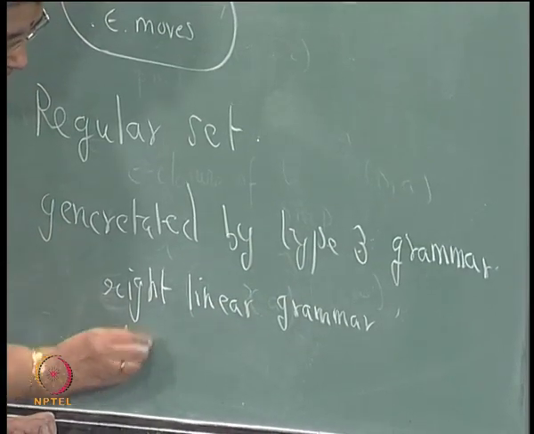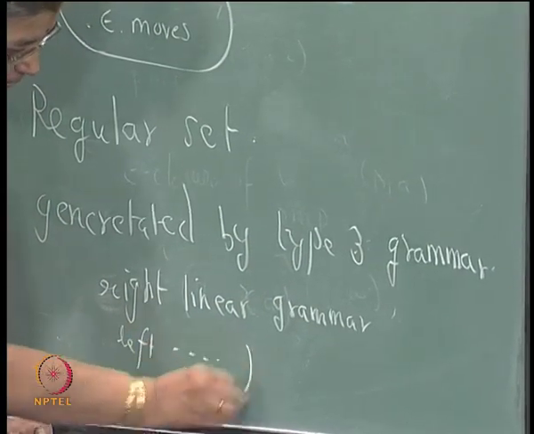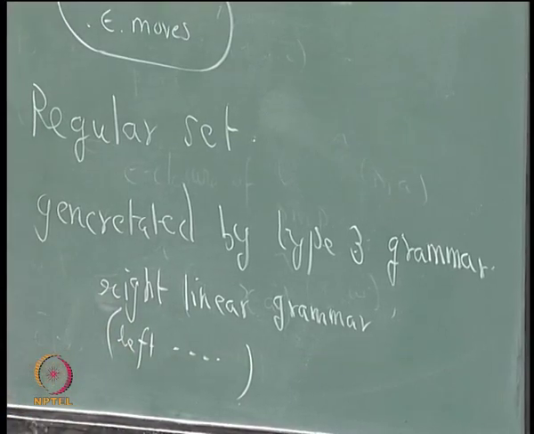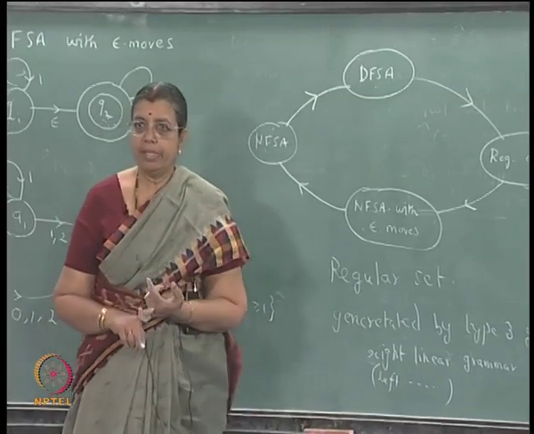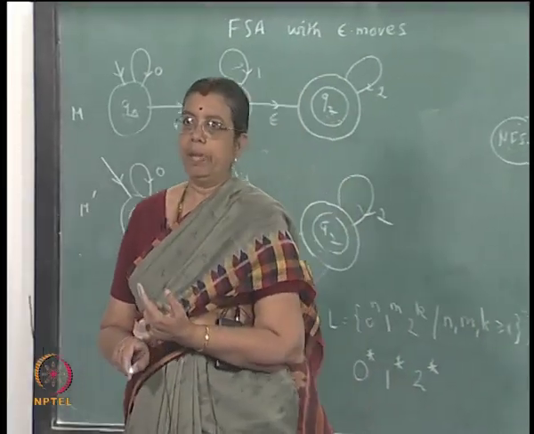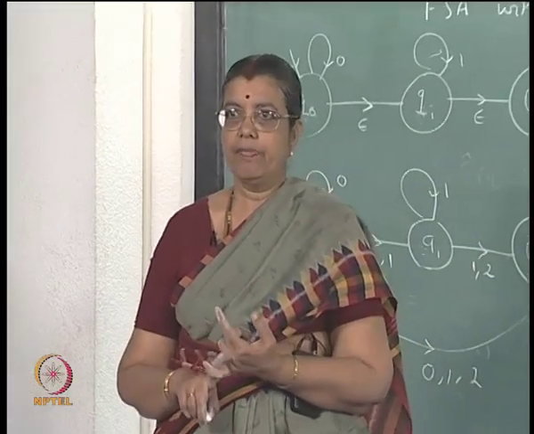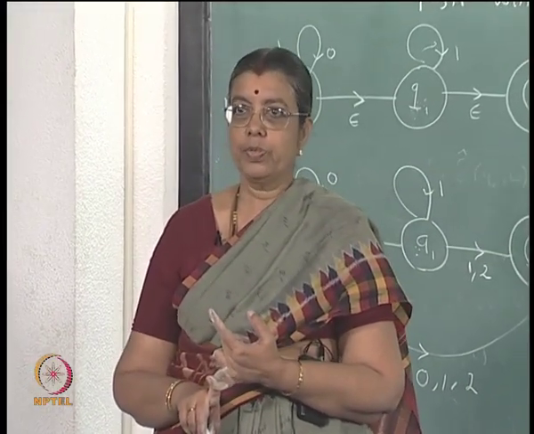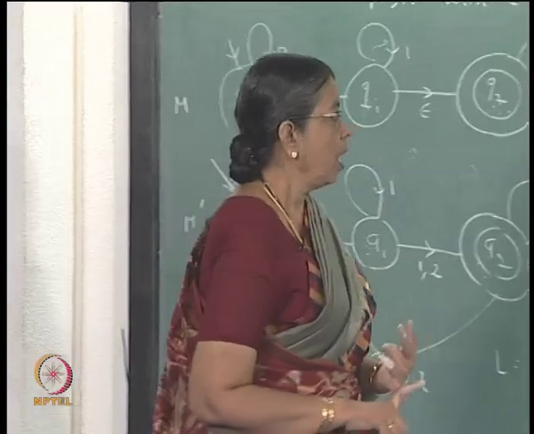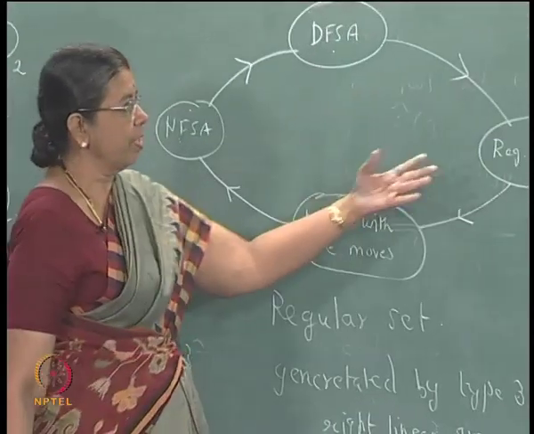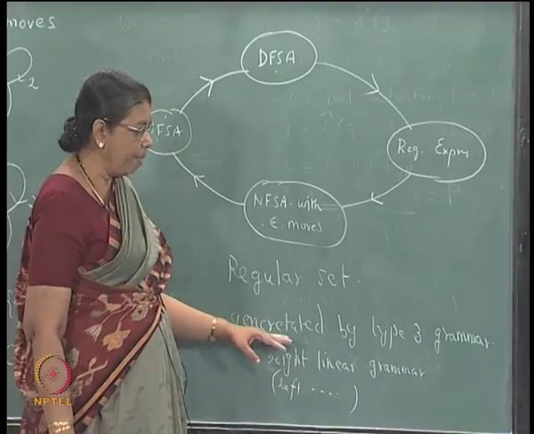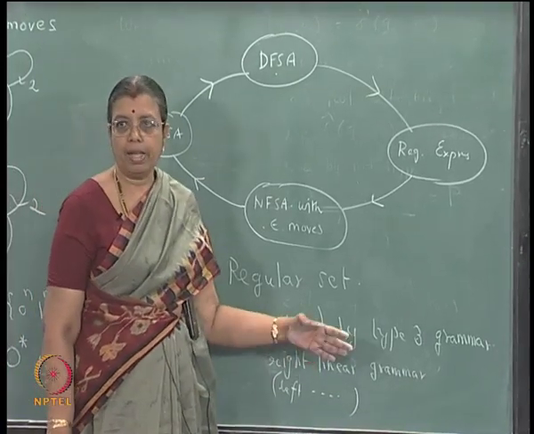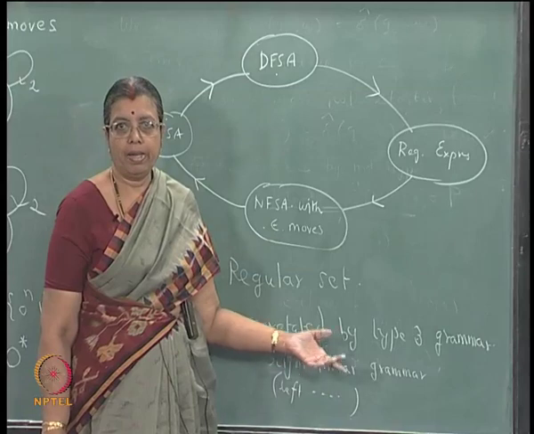Generally you do not consider the left linear grammar so much. So, there are 3 ways of defining a regular set: by means of acceptance by a finite state automaton, either DFSA or NFSA with epsilon moves, or by a regular expression, or it can be generated by a type 3 grammar or a right linear grammar or a left linear grammar.